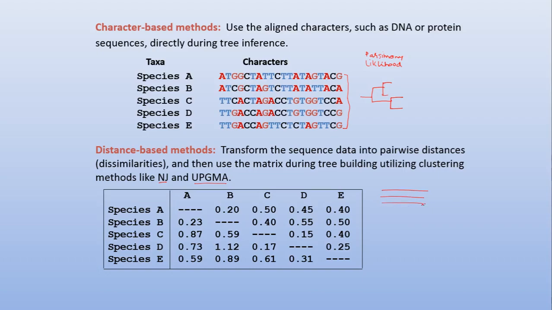You start out with sequences, a multiple sequence alignment. You convert this multiple sequence alignment into a distance matrix or distance data. This distance matrix would indicate the similarity or dissimilarity between the sequences, and using this data, you use a clustering algorithm like neighbor joining and UPGMA, and eventually you draw your phylogenetic tree.